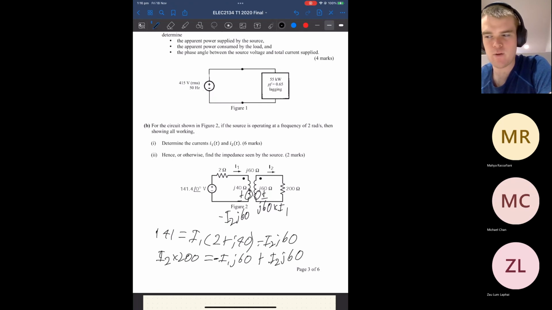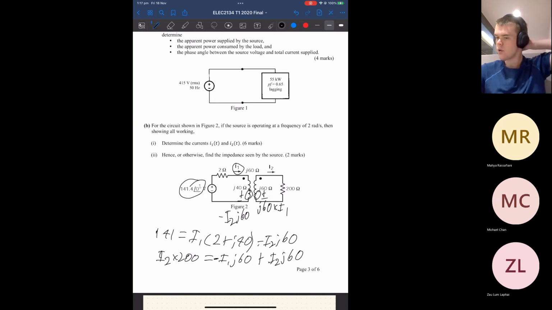Okay, once we found a value for that, hence or otherwise find the impedance seen by the source. Once we have this current, we have this voltage. Normally, whenever we have dependent sources, what would we do?